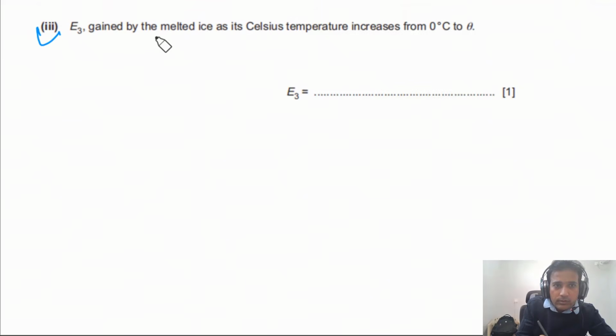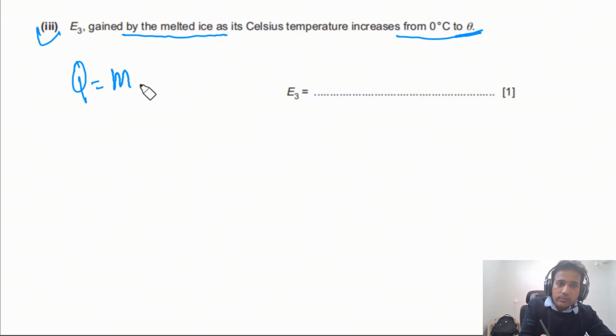Third part says E3 gained by the melted ice as its Celsius temperature increases from 0 degrees Celsius to theta. So now in this case temperature is increasing, so this is about specific heat capacity, thermal capacity. So simply we need to understand Q has to be equal to mc delta theta.